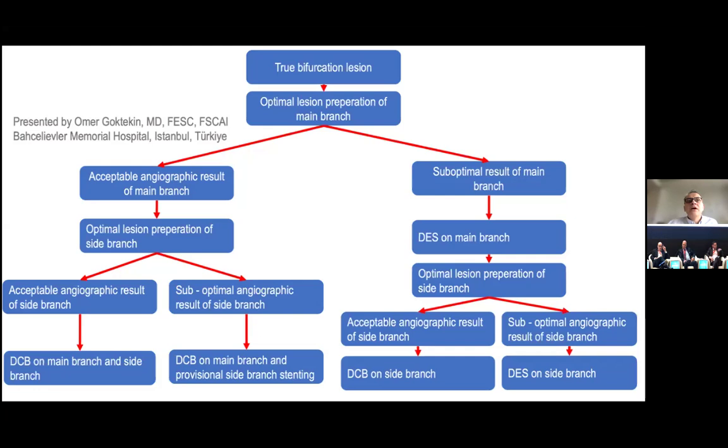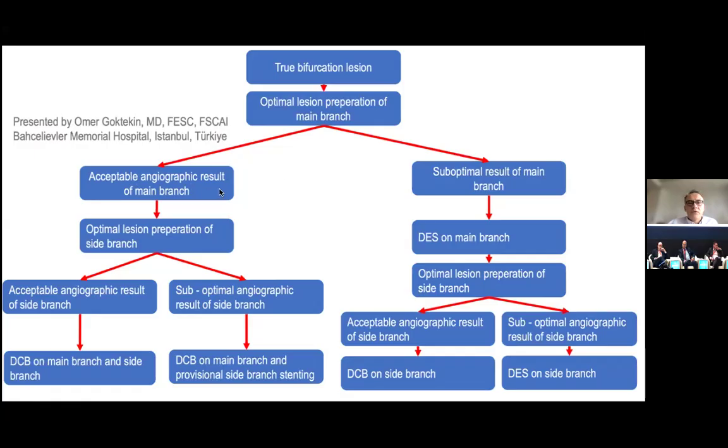We never do side branch lesion preparation, because if we do lesion preparation and then main branch stenting, when we try to recross to do provisional KISS or DCB of the side branch, we have a high risk to go into the subintimal space in the side branch.